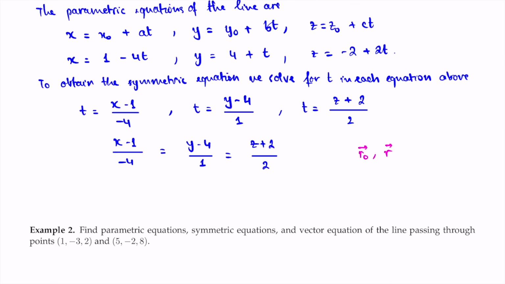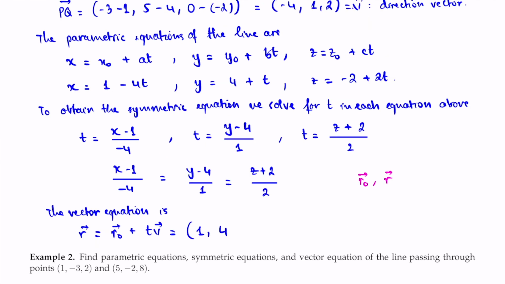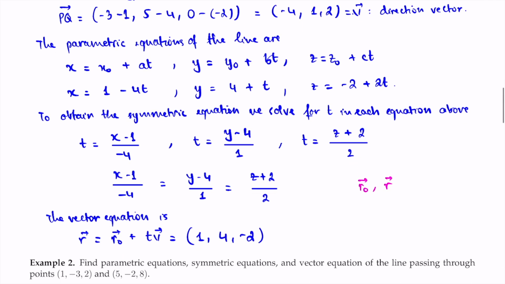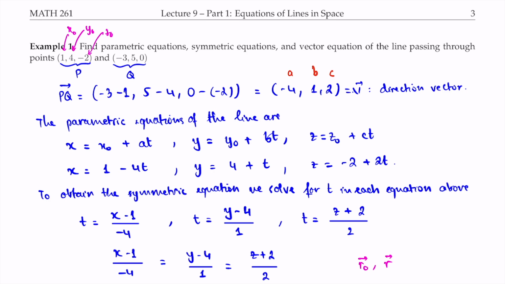So the vector equation is r equal to r0 plus t times v, for r0 equal to (1, 4, -2), the position vector from the origin to the point P. Therefore r equals (1, 4, -2) plus t, the parameter, times v, the direction vector we got earlier, (-4, 1, 2).